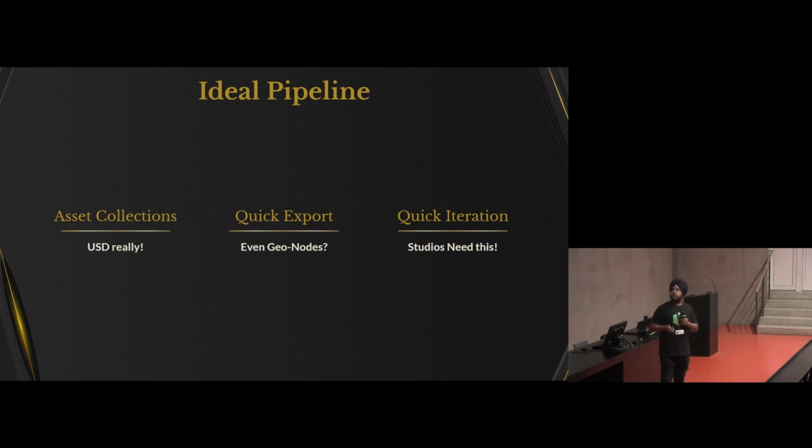And then for the ideal, what I'm also trying to build for our studio is basically we have asset collections, right? Not asset collection inside the asset browser, but basically collection in the outliner to drive the folder structure of the actual asset location.